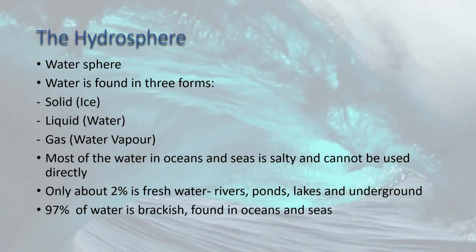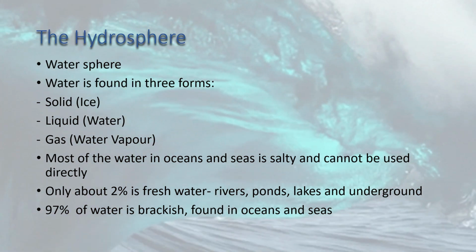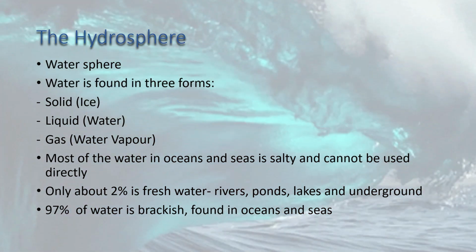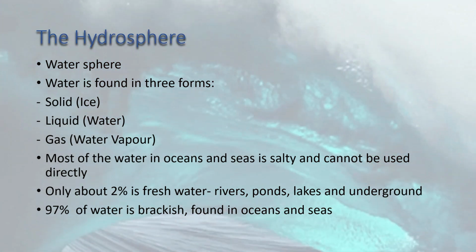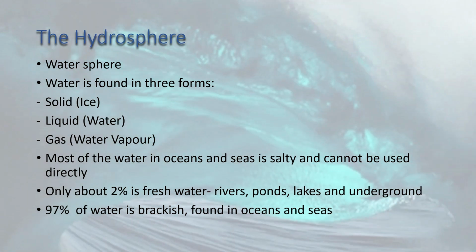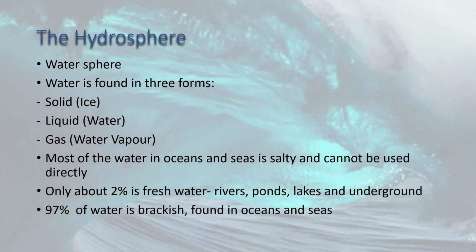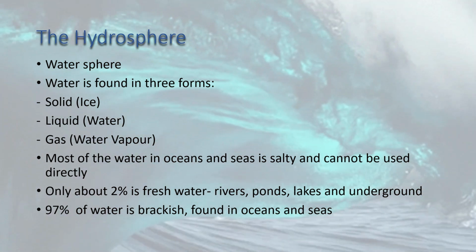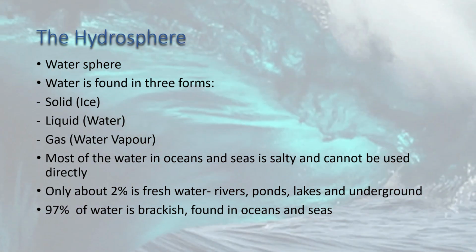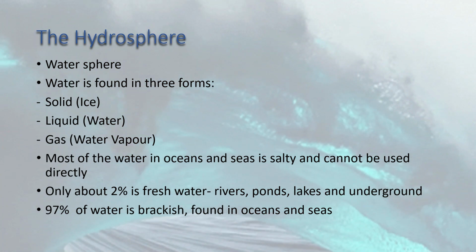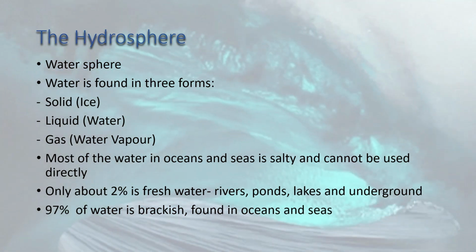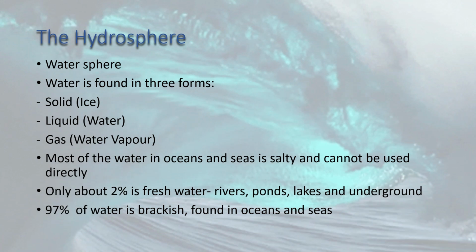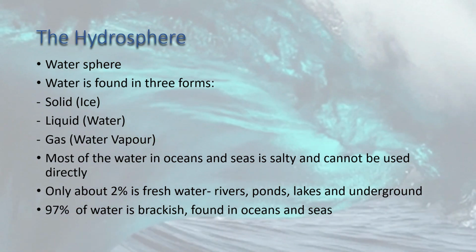Only about 2% of the water that is available is fresh water, which we can use for drinking purposes. This water is found in rivers, ponds, lakes, and underground, which we can extract with the help of wells. But the remaining 97% of water is salty, and this is found in the oceans and seas in different quantities.